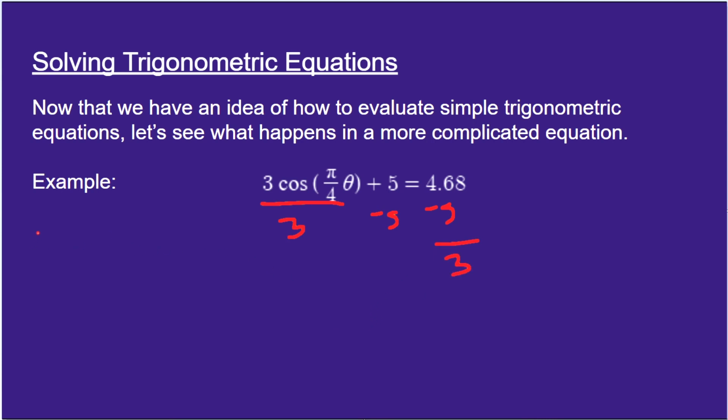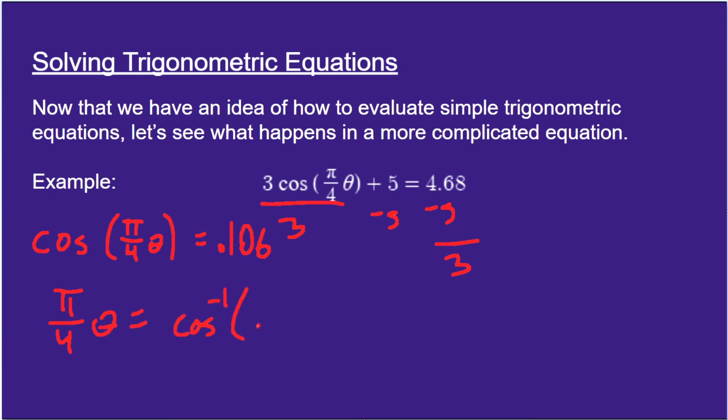That gave us that cosine of pi over 4 theta was equal to this decimal that we had before, which I'm not going to calculate again. I remember it was like 1.06 or something like that. We used an inverse cosine to get rid of cosine. So we said pi over 4 theta was equal to the inverse cosine of 0.106.